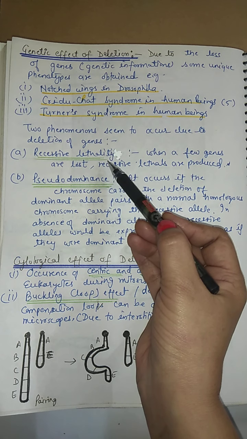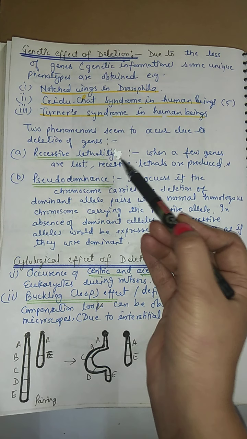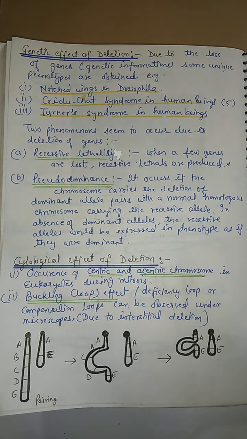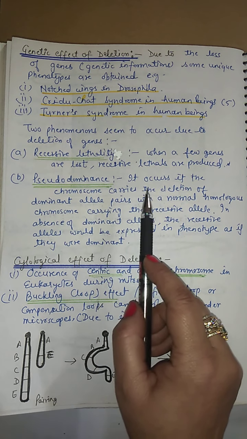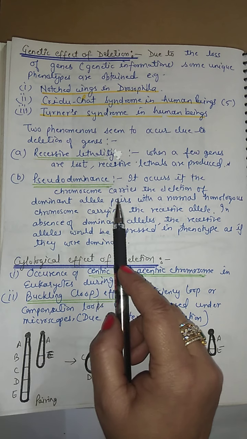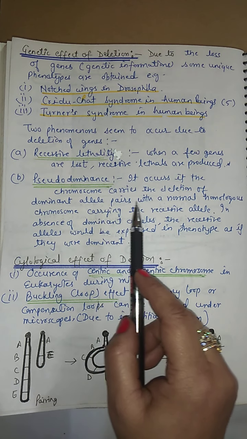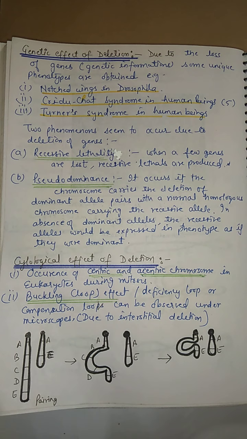Recessive lethality means that due to the loss of genes, the individuals become recessive lethals. Pseudodominance means that if some dominant genes are lost, then the recessive genes start acting as dominant ones and get expressed in the phenotype. Hence, such expression is called pseudodominance.